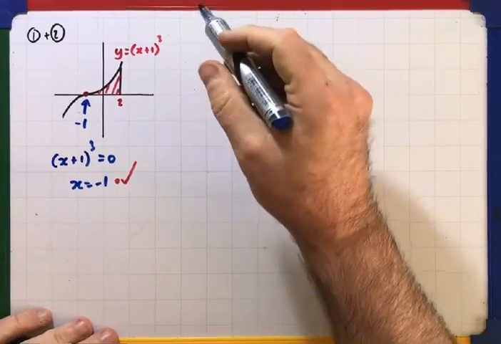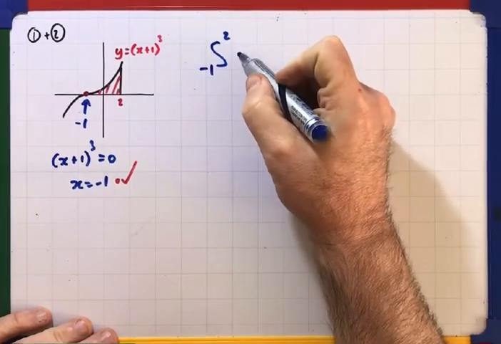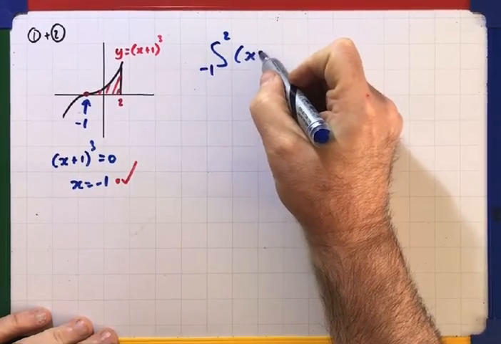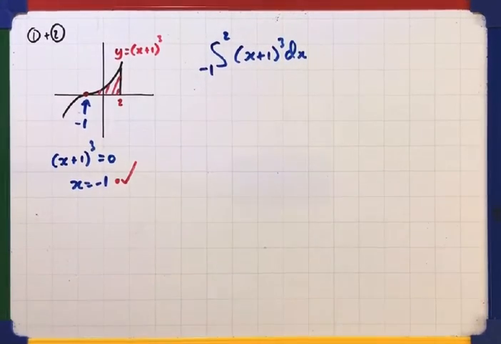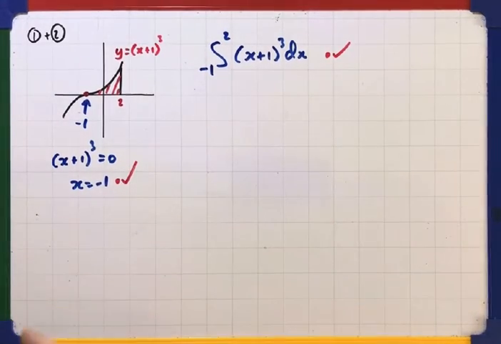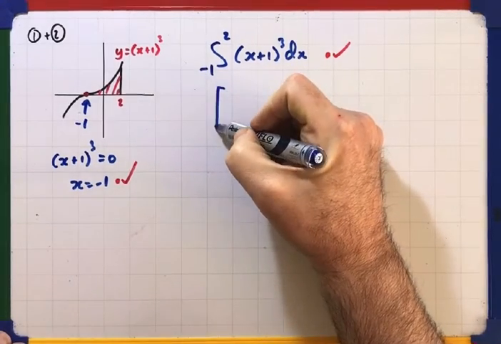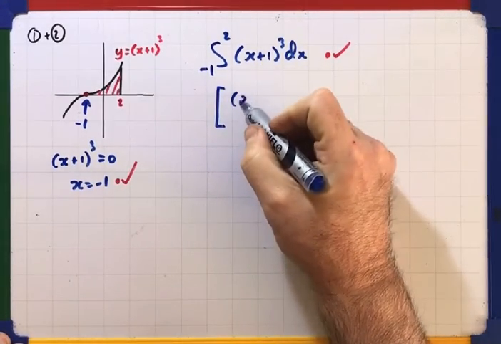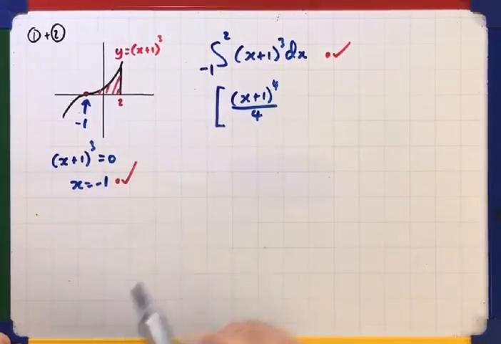Next, what we've got to do is integrate from the lower limit to the upper limit of what they have given us here. Okay, so we have that. If you wrote that down, you got another mark. We then got to integrate this, which gives us that.